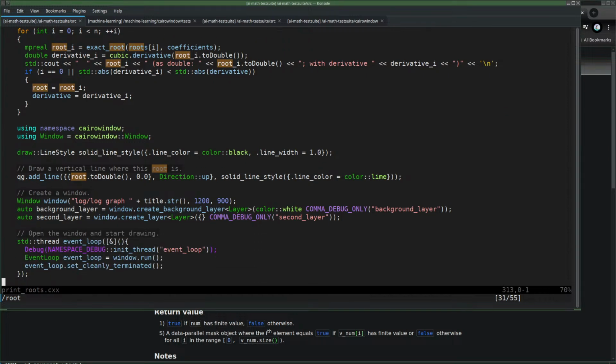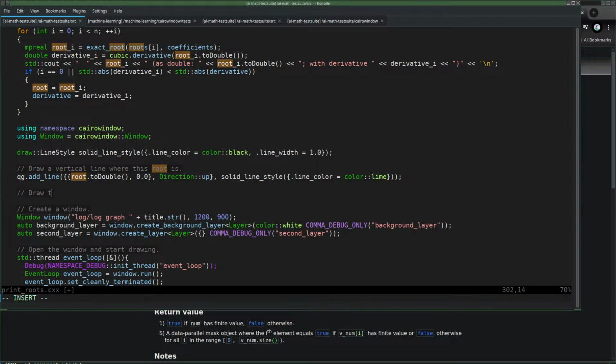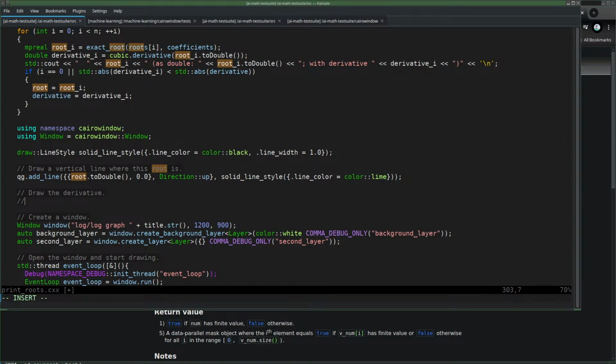Yeah, let's make a graph in the quick graph, I guess. So this one, the QG. That draws the derivative for a start. Type add function.